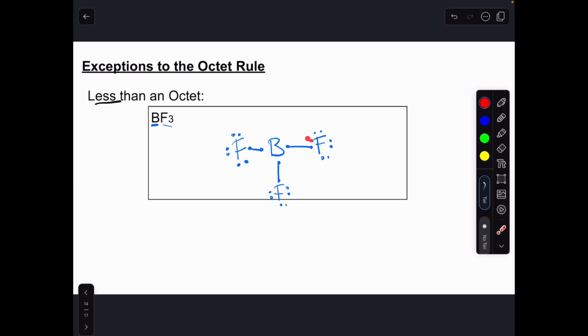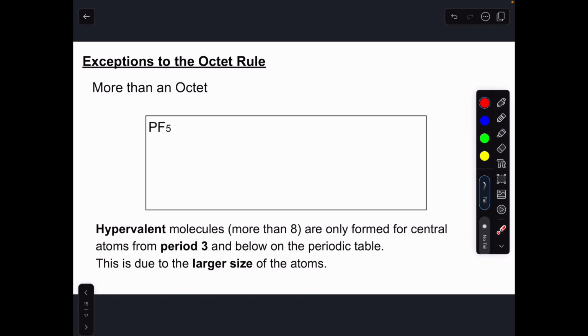But this time, if you look in the middle, the boron only has 2, 4, 6, so it doesn't have a full shell, but there's really nothing else it can do because it has no more valence electrons to give, and so that is the actual structure. Recognize that by just following the process we've talked about, you get the right answer. When you look at it and think, oh, this feels a little weird, just know that that's okay.